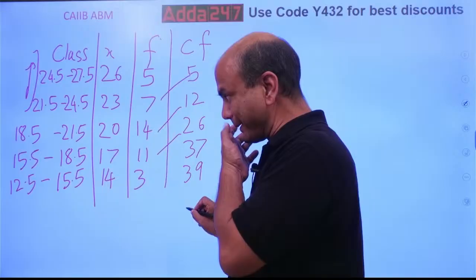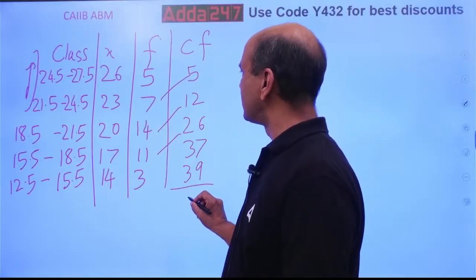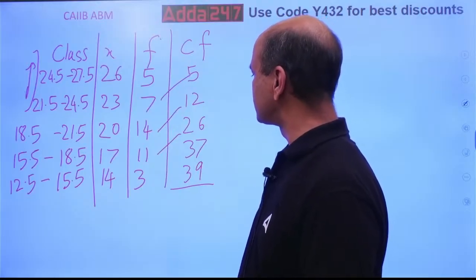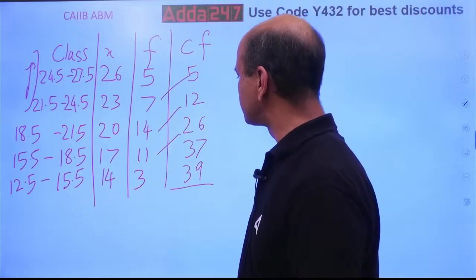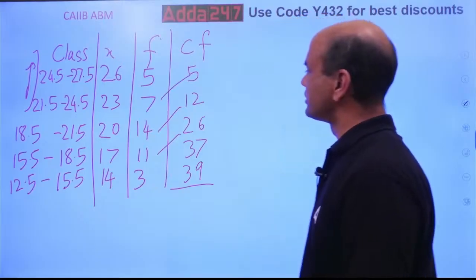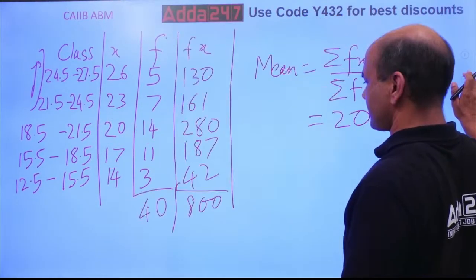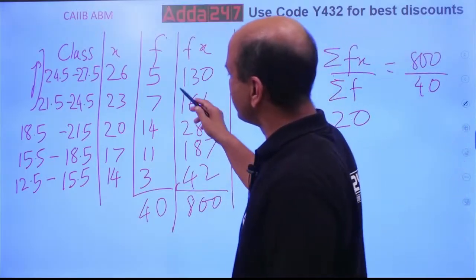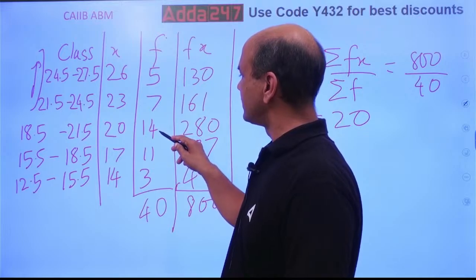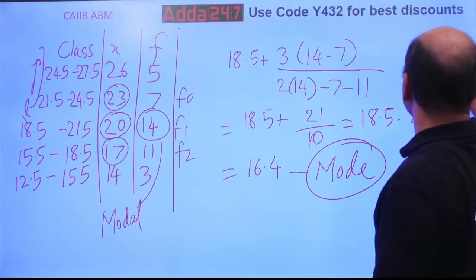So your N becomes 39? It should be 40, no? We just now got 40. Let me recheck: 5 plus 7, 12, 12 plus 14, 26, 26 plus 11, 37, 37 plus 3, 40. Yeah, it should be 40.